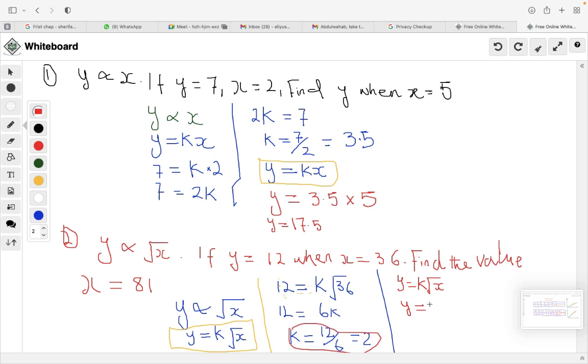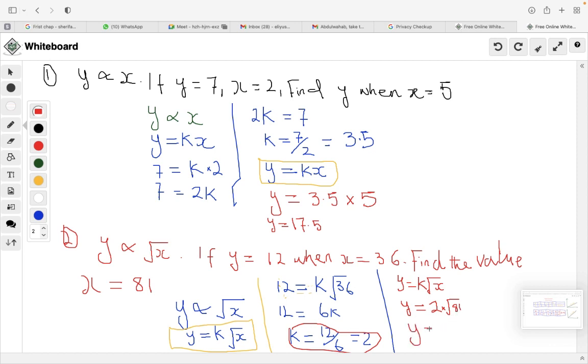So we say 2 multiplied by the square root of 81. First and foremost, we go to find the square root of 81. The square root of 81 is what? 9, right?